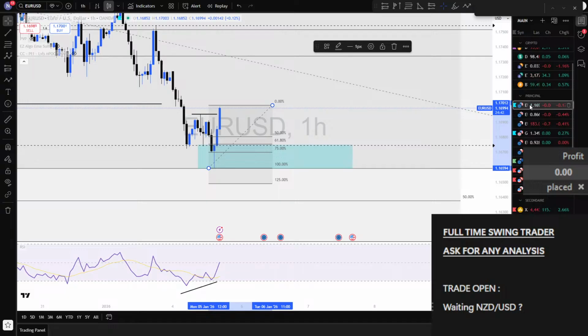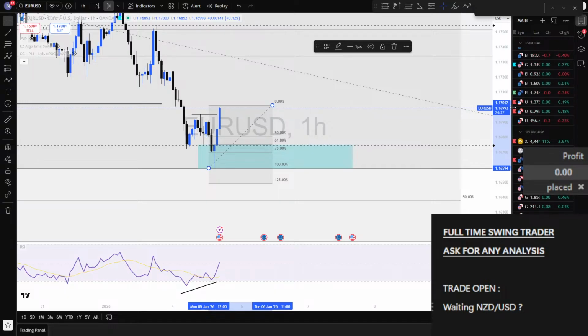But yeah, so Euro USD to watch and USD CAD to watch. They seem to be very clean for now.